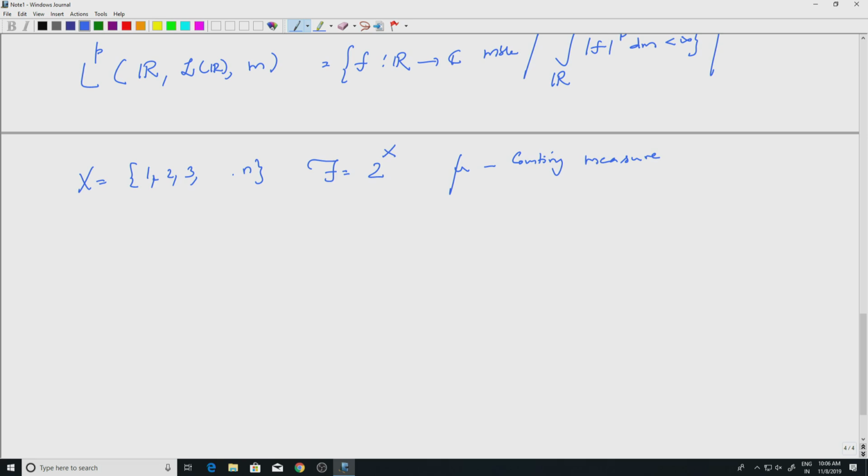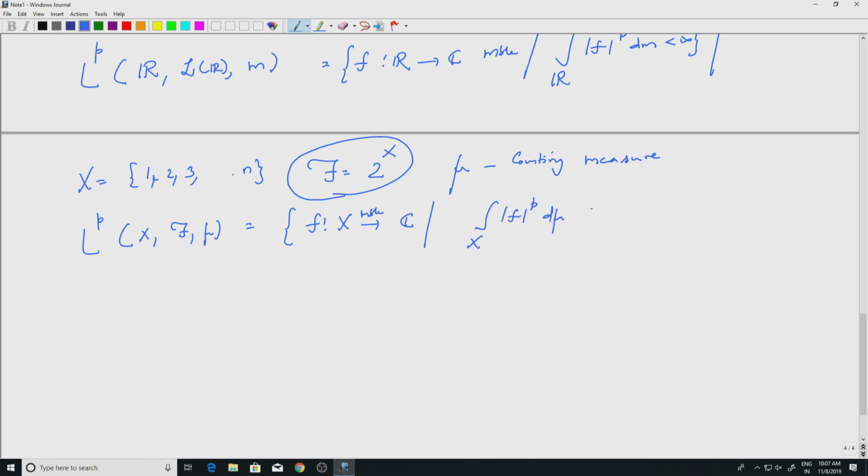So what do I mean by LP space? So I have LP of X, F, mu, right. So I look at all those functions from X to C measurable, right. Well, the sigma algebra is the power set, right. So any function is measurable such that the integral of mod f to the p d mu is finite. Okay. Well, what does that mean?